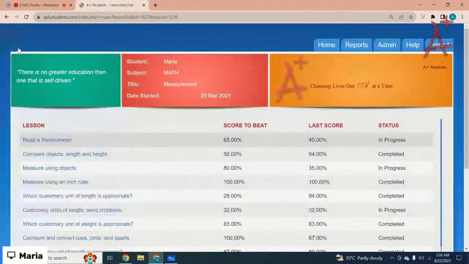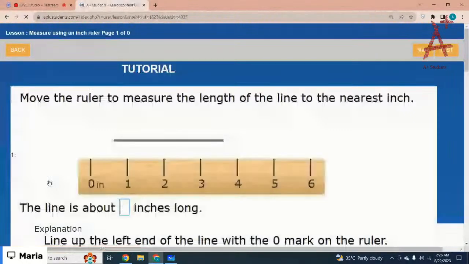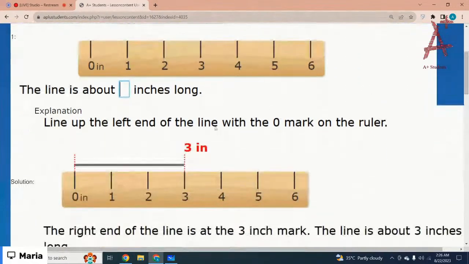The next one is measure using an inch ruler. This is also an activity you can do at home, maybe right now or maybe later today. The things you need for the activity are a ruler, a pencil, and a notebook, right? Just make a line on the notebook and measure the line. How do you measure the line? You align the line with the ruler like this.